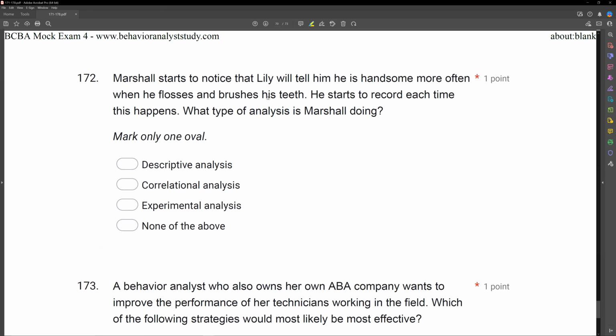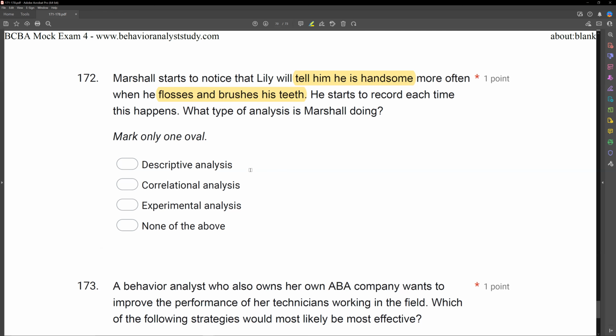Now Marshall says, well, every time I brush my teeth and floss, she tells me I'm handsome. Is there a correlation? We now have these two variables that we are seeing, are they at all correlated? Notice he's not manipulating anything. If he starts to manipulate flossing and brushing his teeth, that's when we get into experimental analysis.